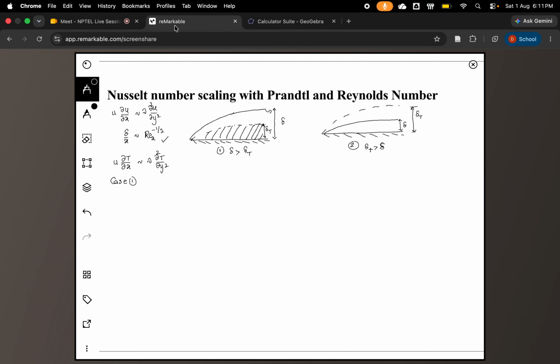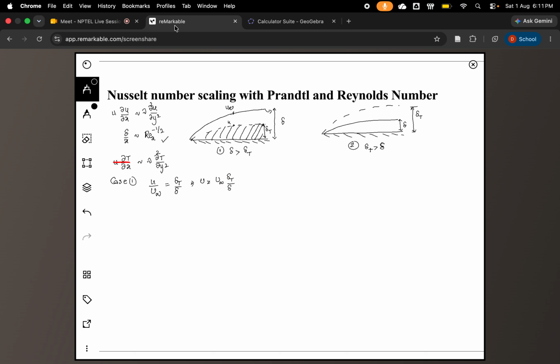And again, we can use the similarity law, which says that, just like in similarity triangles, these are proportional to the distances from the wall. So here it will be u, and this is u infinity. At u we'll have delta t and at u infinity we'll have delta. So the velocity u in the energy equation will be related to the free stream velocity by this equation.